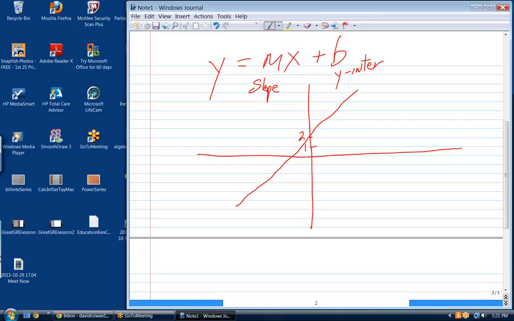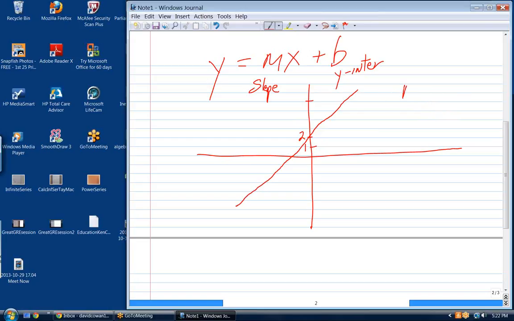So if I want the slope of this line, I take the amount that it goes up from here to here, and the amount that it goes over, and I divide the rise by the run to get the slope. So with this line that I drew, I tried to draw a slope of 1, where I would go up that amount and over that same amount. So I can begin to write the equation of that line.